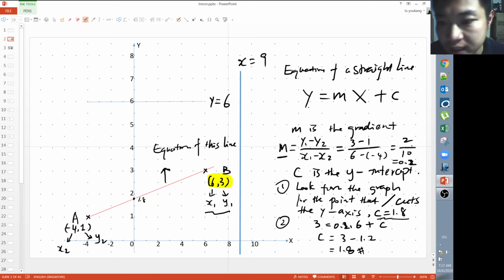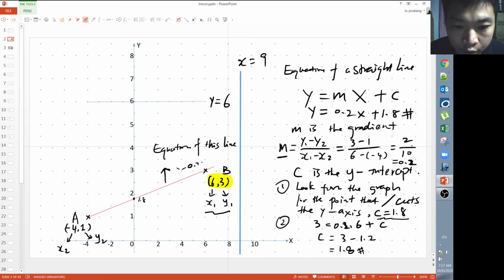Just replace the m with 0.2, and this will be the equation of the line. It's also a good practice to write down the equation of the line just beside a straight line.